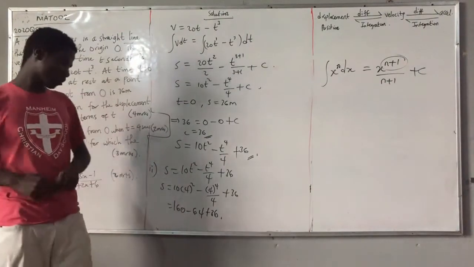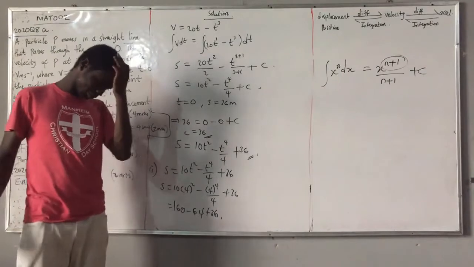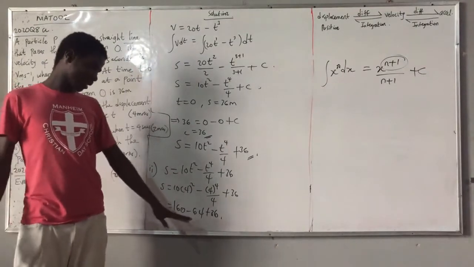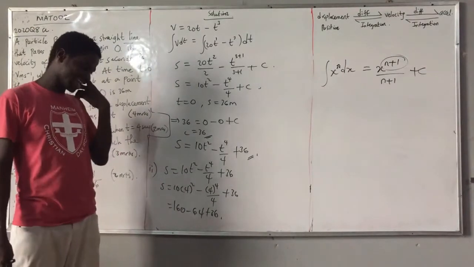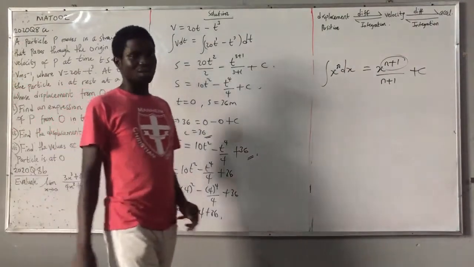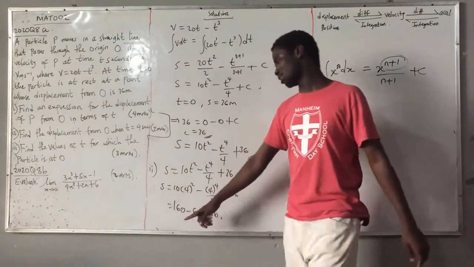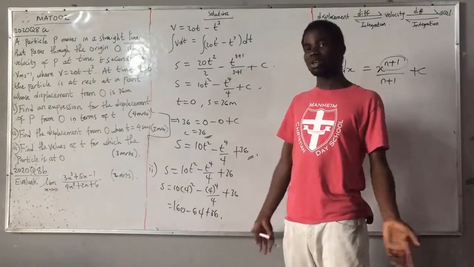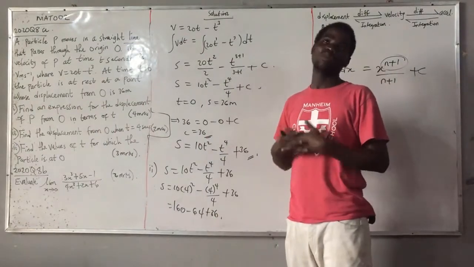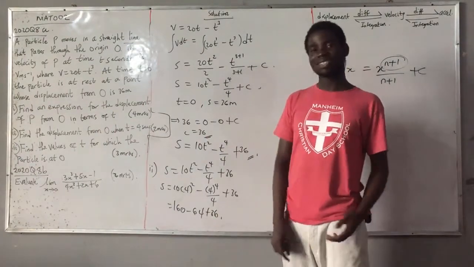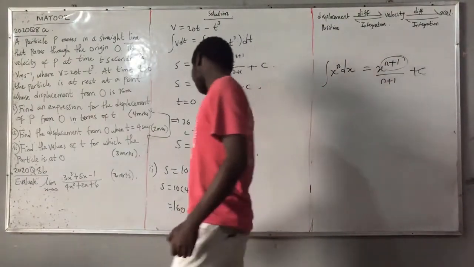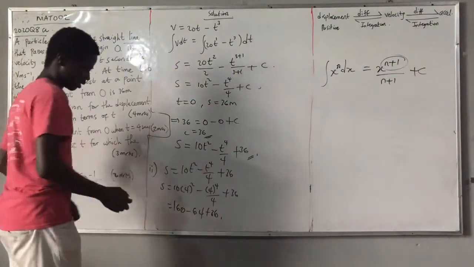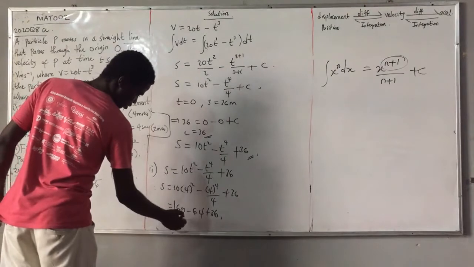160 minus 64 will give me 96, because 160 minus 60 will give me 100, and 100 minus 4 will give me 96. 96 minus 36 will give me 60.